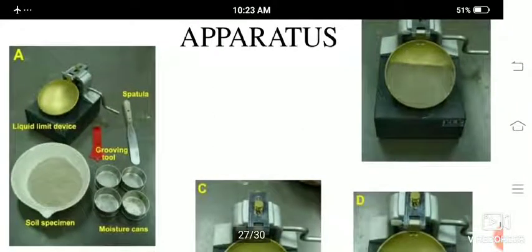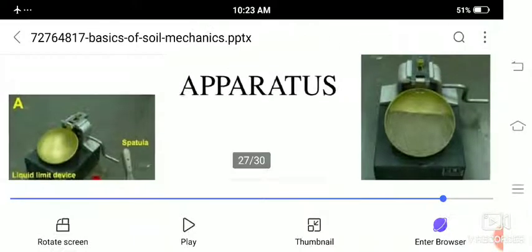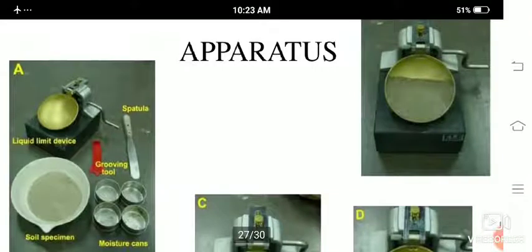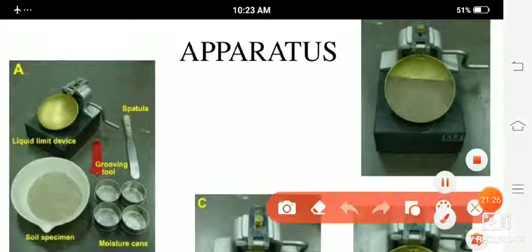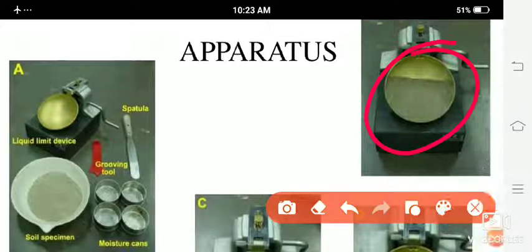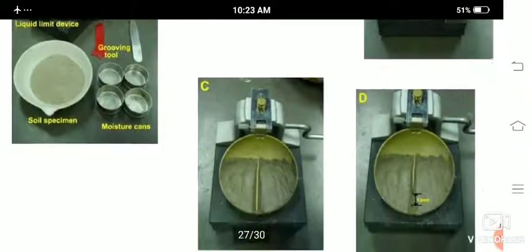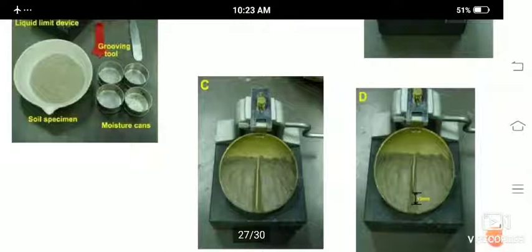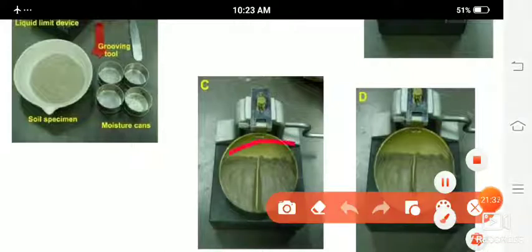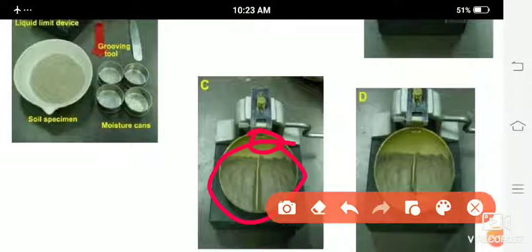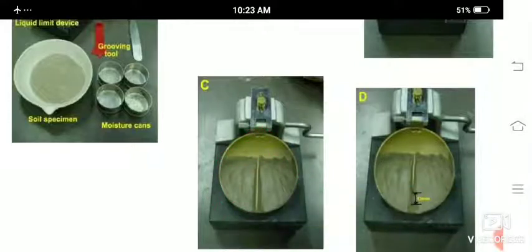The grooving tool, as you can see, has a V shape at the edge. You place the soil sample in the mold, and then you draw a straight line based upon these two screws so that the excess part is removed.